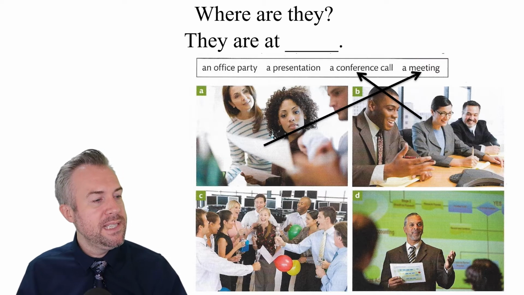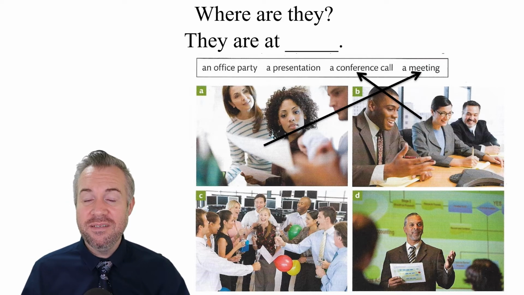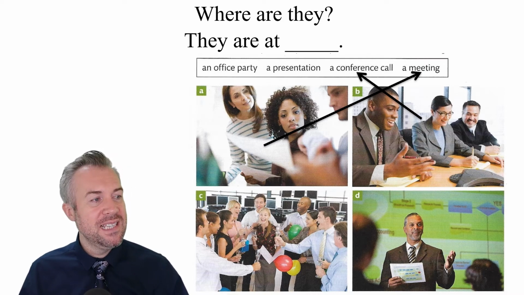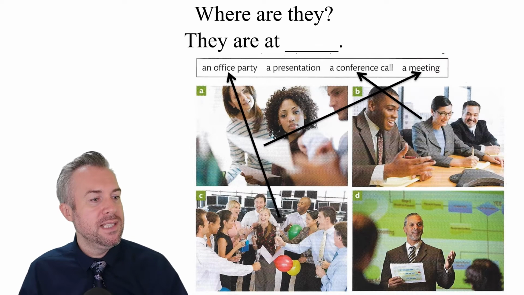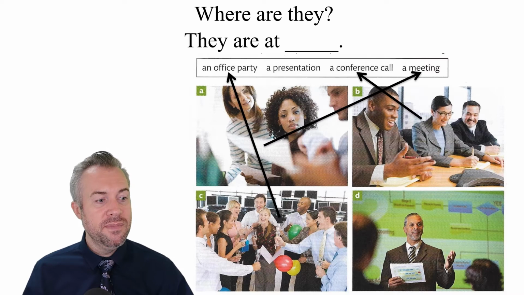How about picture C? Now we see some people having fun. They have some champagne. There are balloons. Where are they? They are at an office party. An office party. And finally, picture D. Where are they?